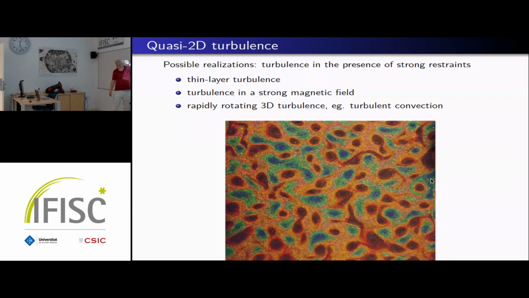This is the case of rotating turbulence, convectively driven turbulence, which is also anisotropic, because as you increase the rotation rate, the horizontal scale of the turbulent cells gets smaller and smaller, and so you get structures which are very elongated. And here is an example of what you see from above in an experiment. You see a gas of cyclonic and anticyclonic vortices.